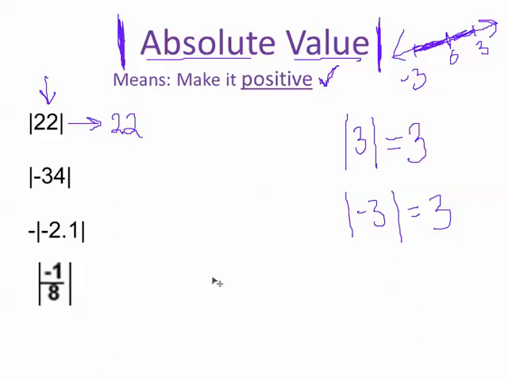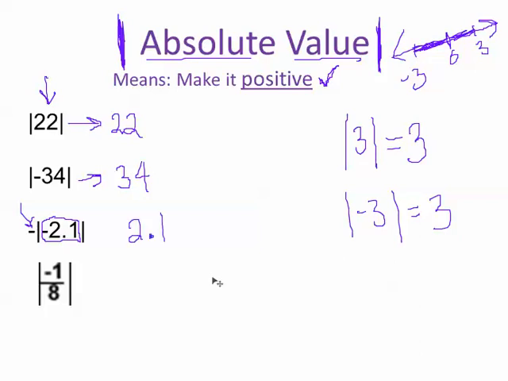So the absolute value of 22, 2. How about the absolute value of -34? Make it positive, 34. Now this one might seem tricky, and it is a little bit. This piece inside, I'm going to look at it first, and I'm not thinking about that negative on the outside yet. The inside tells me to make it positive.